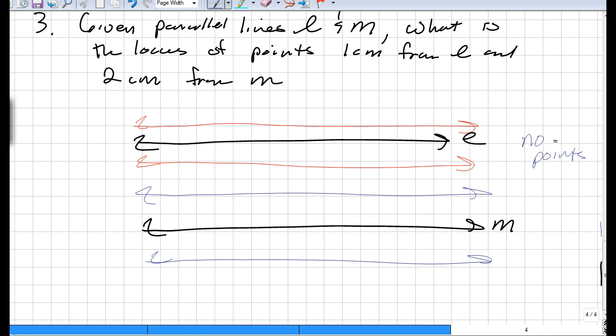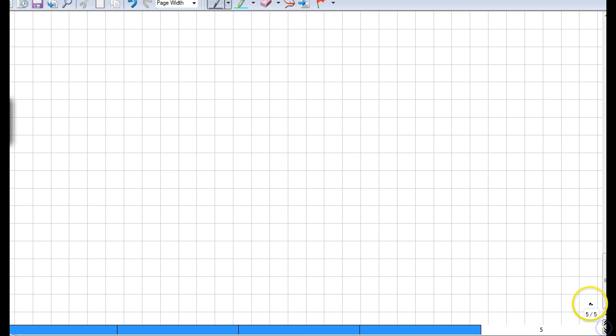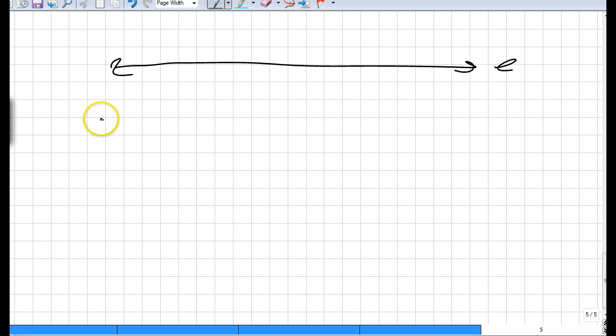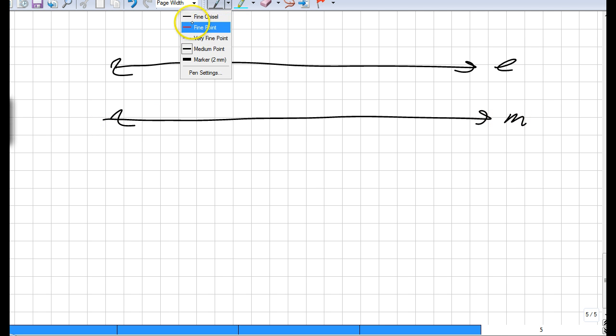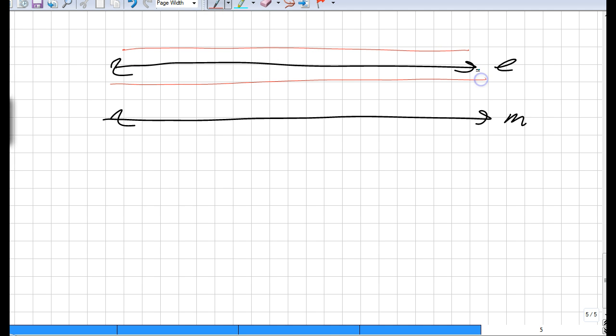Okay, but if M and L were closer together, in other words, if they were 3 centimeters apart, so here's L, here's M, 1 centimeter from L would be these. 2 centimeters from M would be these.